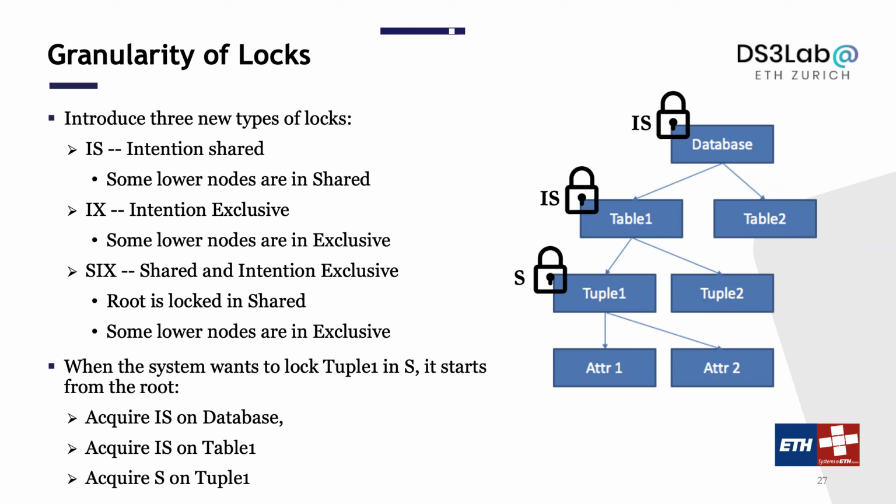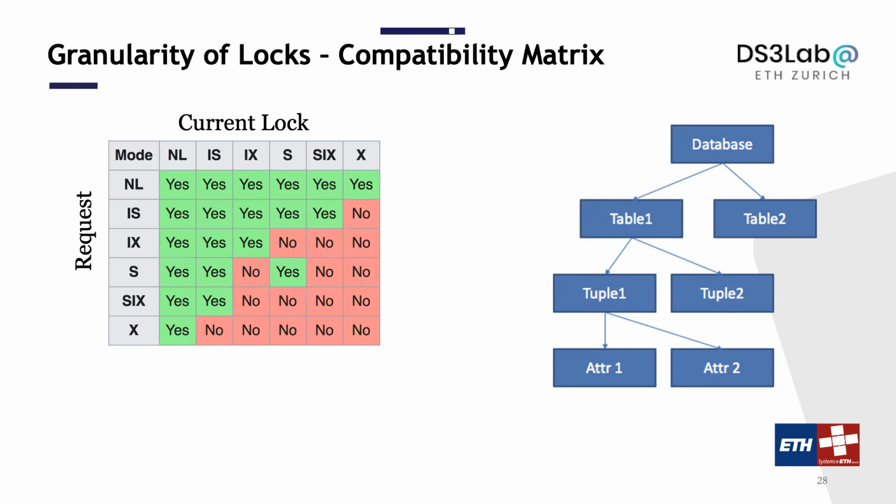So essentially we introduce these 3 new types of locks. And whenever I'm trying to acquire a lock on something, I start from the root and first try to acquire an intention lock. If I get it, I go 1 level down and take the intention lock. I keep doing that until I reach the real object, and then I just acquire the lock.